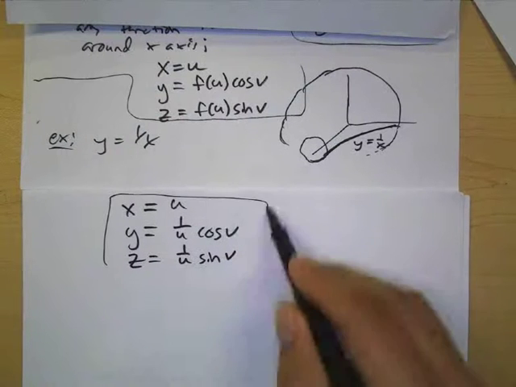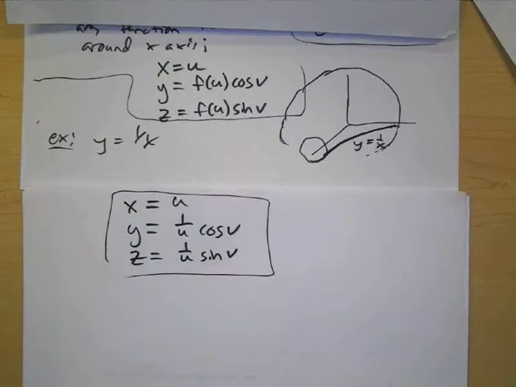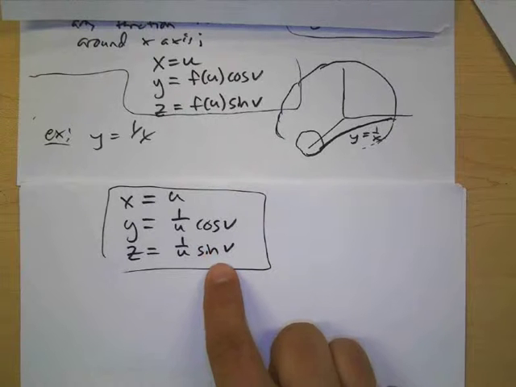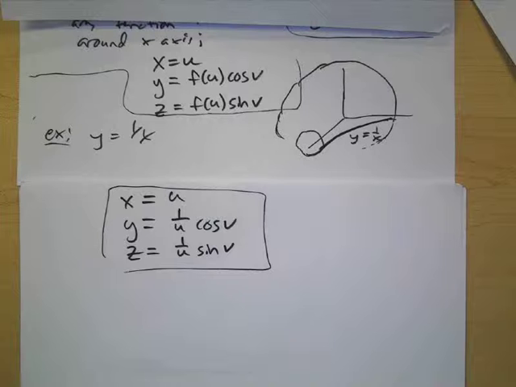So this would be the parametric representation. If y and z were switched, actually, that's a great question. You can switch the cosine and the sine. Is that what you're asking? The only thing that's going to do is just switch the direction, but it still produces the same surface. So it would be okay either way.